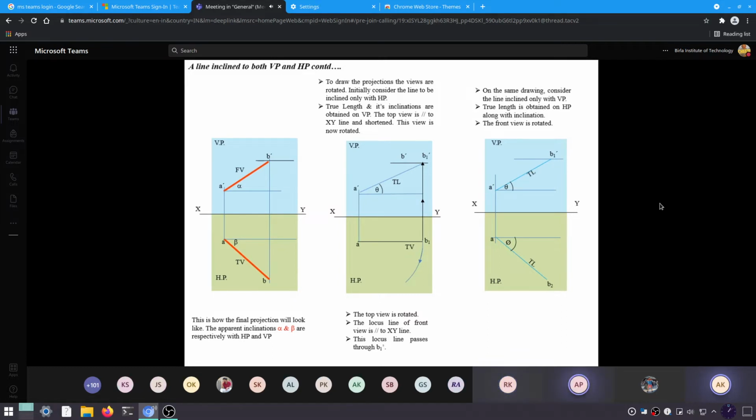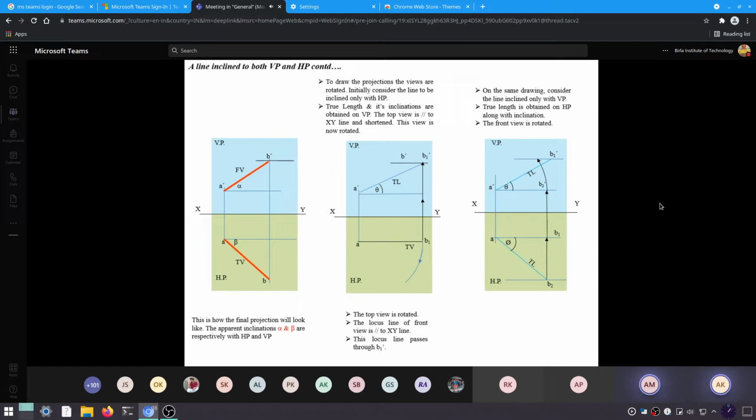Sir, I just gave them a simple example of a line inclined to both planes, say one inclined at 30° with HP and 40° with VP. That is the example that I gave them. I think you have more examples later on, you can go through them also.